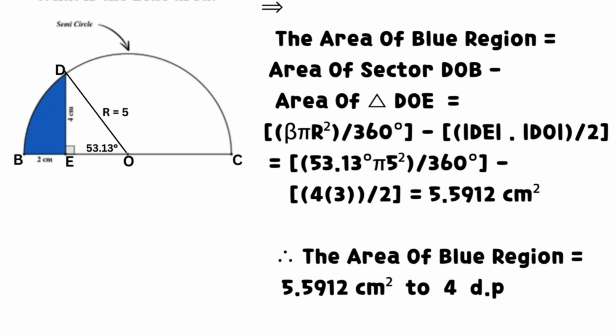The final result is 5.5912 square centimeters to 4 decimal places after simplification. Therefore, the area of the blue region equals 5.5912 square centimeters to 4 decimal places.